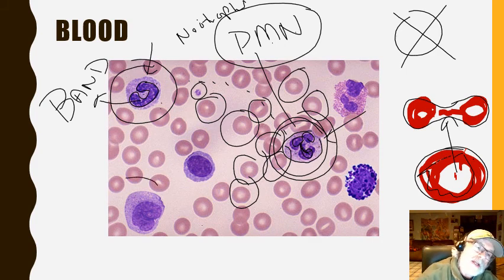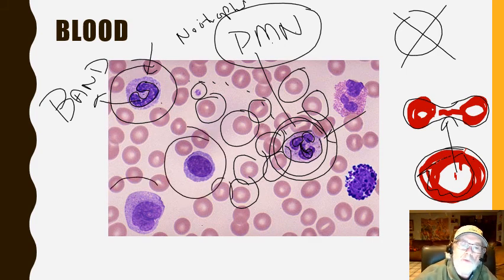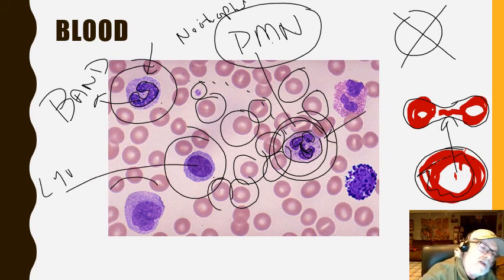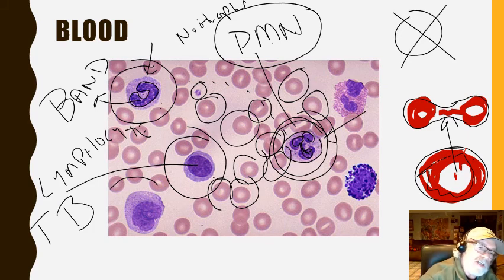Let me go to this one here first. That cell, which is about the size of a red blood cell, maybe a little bit bigger, is called a lymphocyte. Lymphocytes could either be T lymphocytes or B lymphocytes. There's a lot of discussion now about this with all the immune problems going on with COVID.